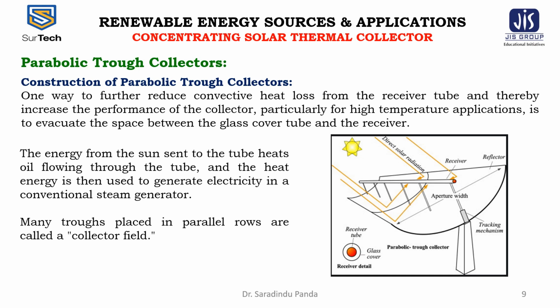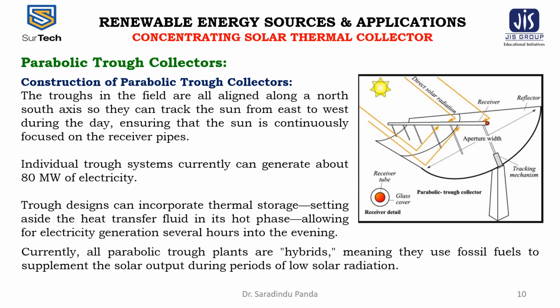Many troughs placed in parallel rows are called a collector field. The troughs in the field are all aligned along a north-south axis so they can track the sun from east to west during the day, ensuring that the sun is continuously focused on the receiver pipes.